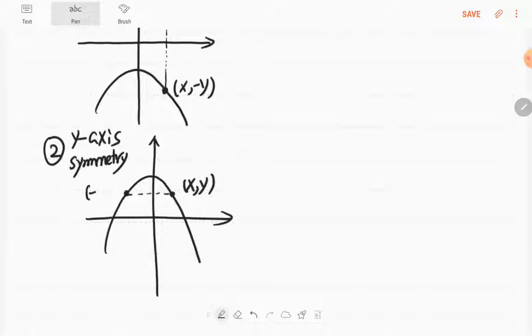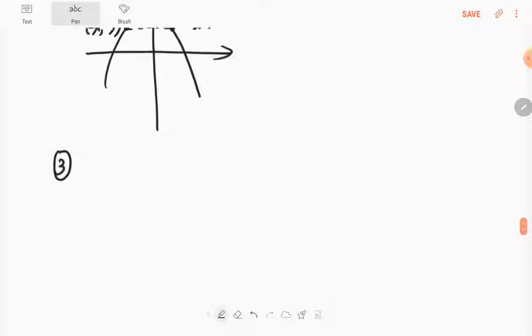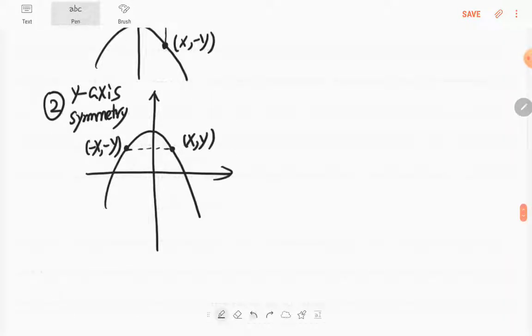Okay. Sorry, I made a mistake. If you fold it along the y-axis, y doesn't change, so (-x, y) would be on the graph also.